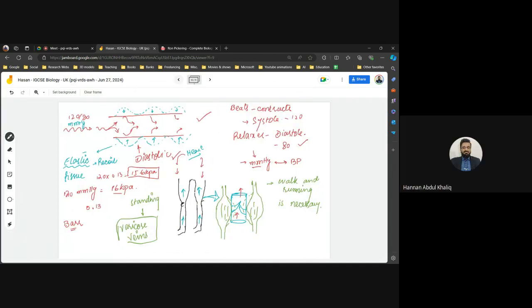It is a problem. It is a problem related to constantly standing. It mostly happens in females, and it does happen with advancing age. But this also happens to people who are fatter, who have gained a lot of weight, and they are not moving properly.